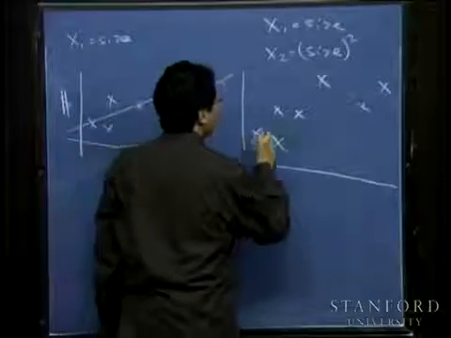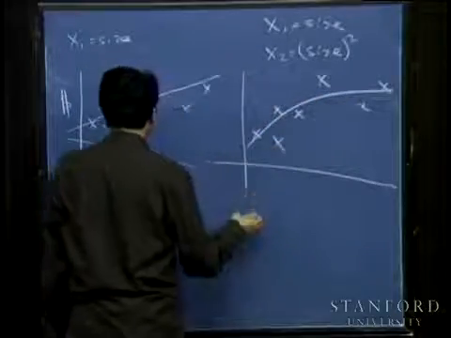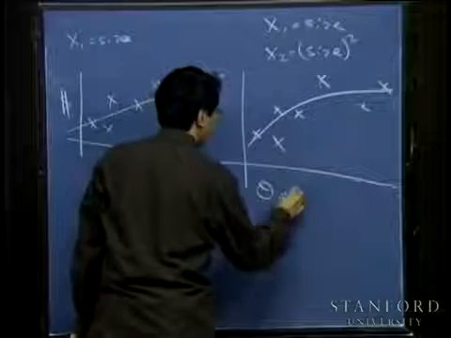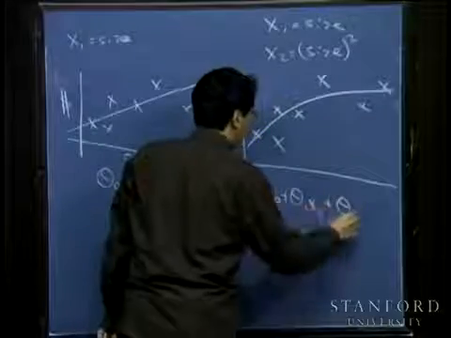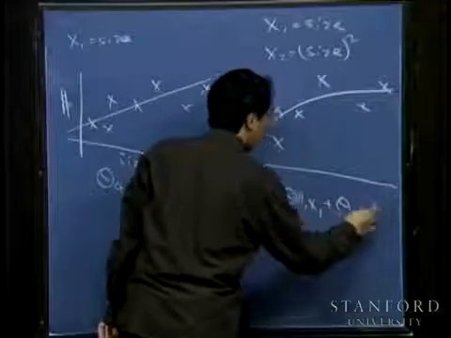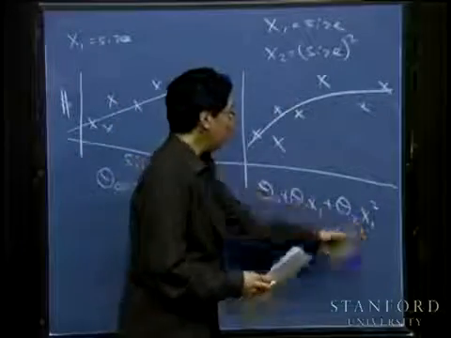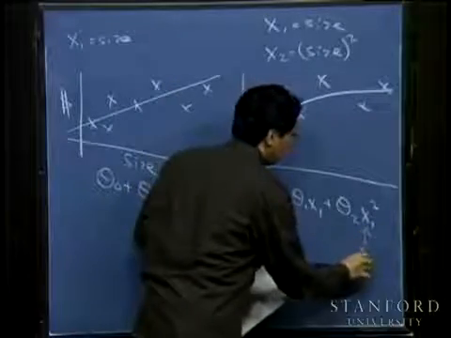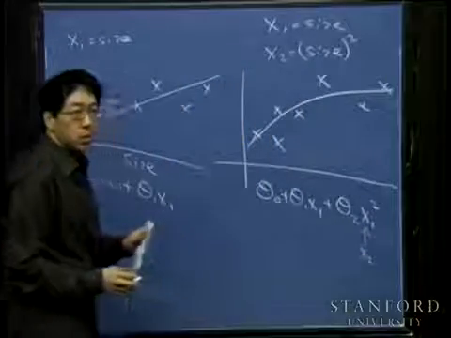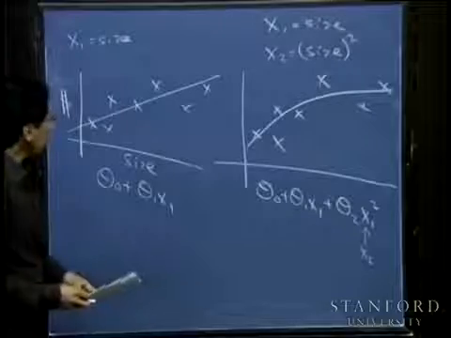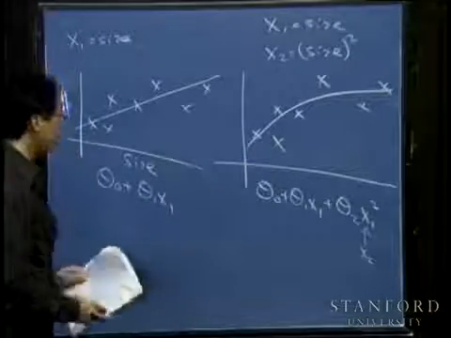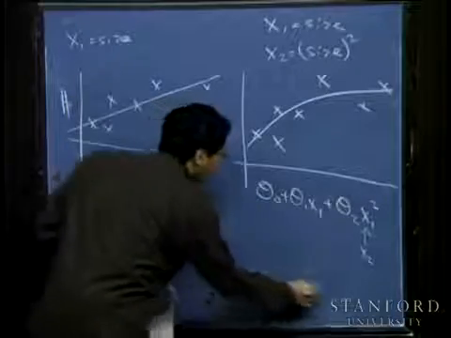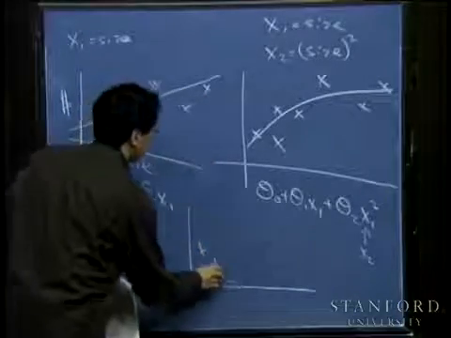And if you do that, then the same algorithm will end up fitting a quadratic function for you, theta 2 x1 squared, because this is actually x2. And depending on what the data looks like, maybe this is a slightly better fit to the data. You can actually take this even further.